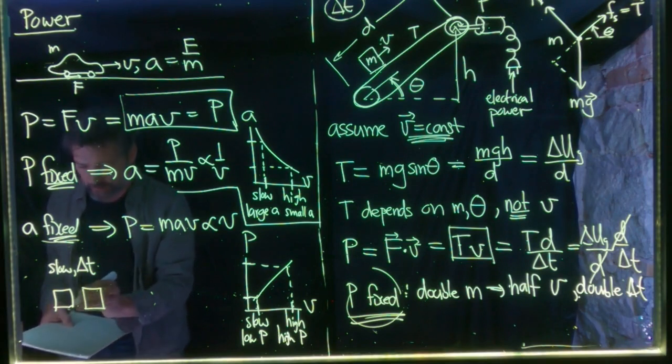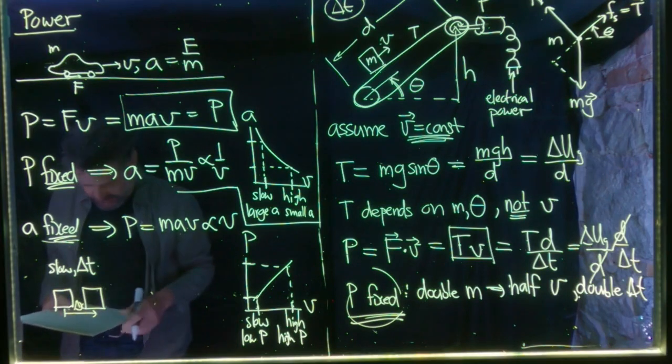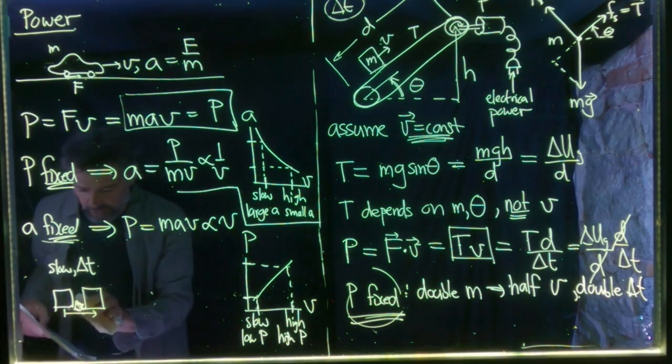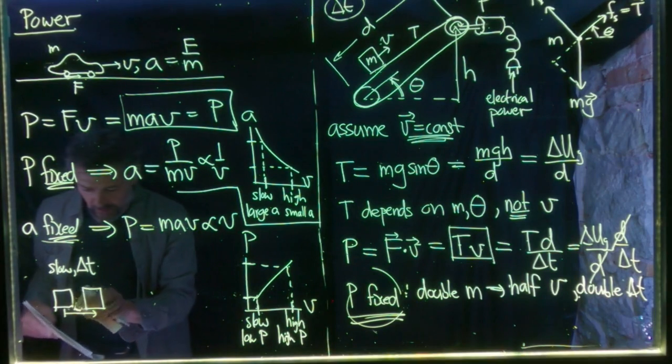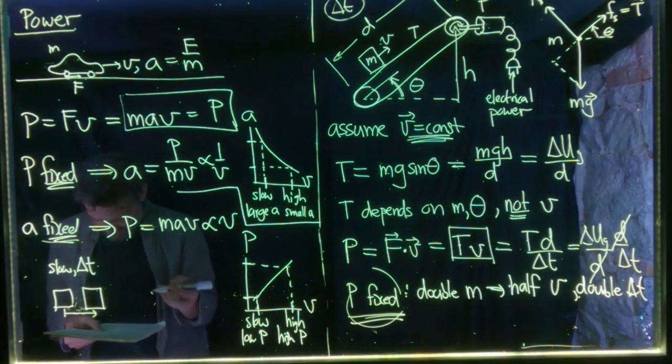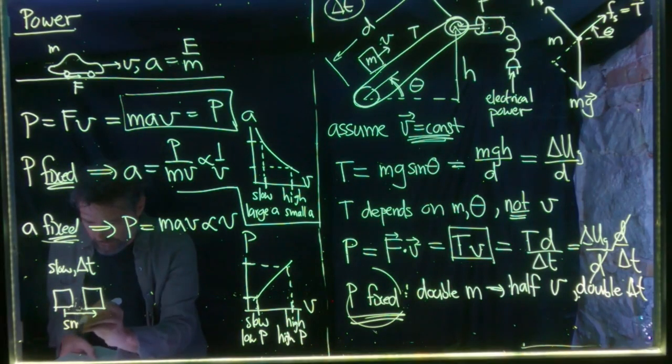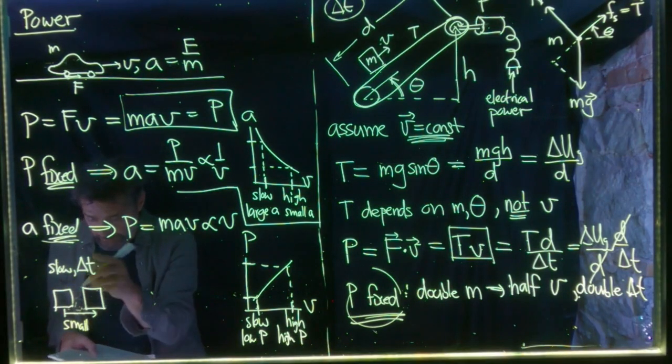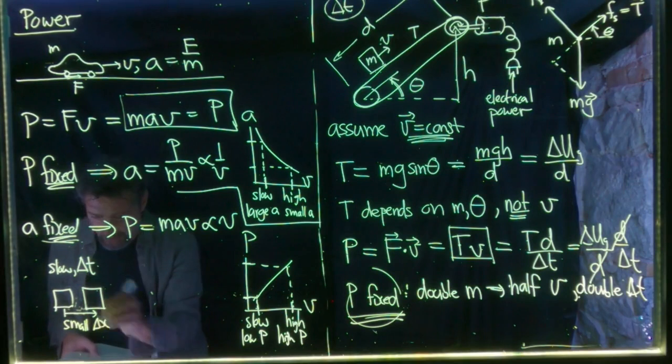So the delta x displacement is going to be small. Let me write that down here. We have a small displacement during a time delta t, because it's slow speed.